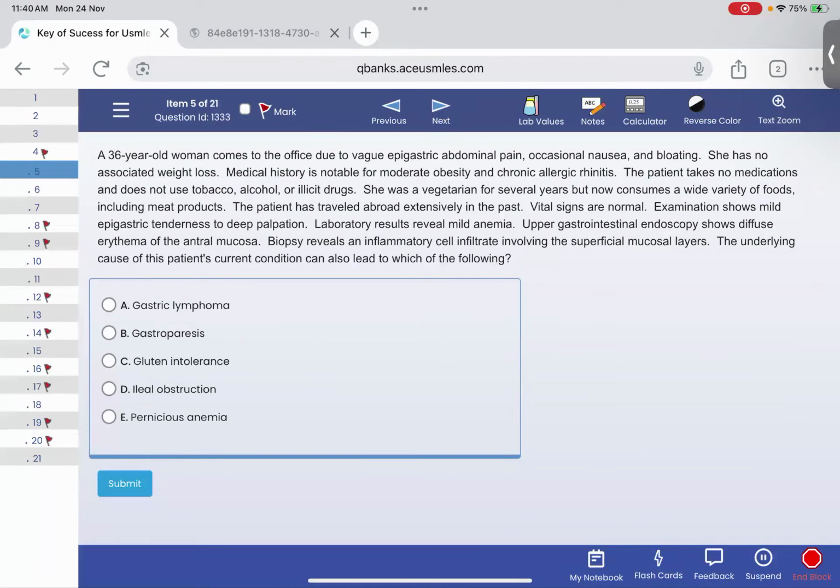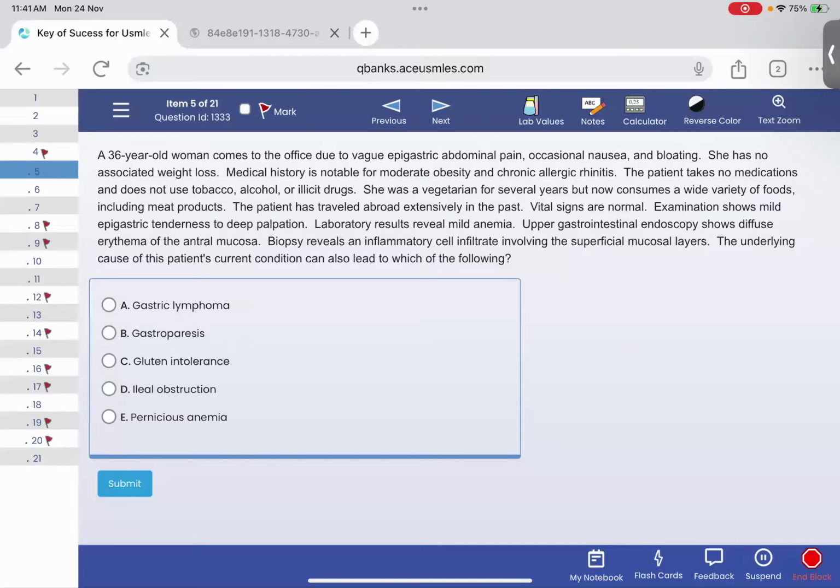The underlying cause of this patient's current condition can also lead to which of the following? A 36-year-old woman comes to the office due to vague epigastric abdominal pain, occasional nausea, and bloating. She has no associated weight loss. Medical history is notable for moderate obesity and chronic allergic rhinitis. The patient takes no medications and does not use tobacco, alcohol, or illicit drugs. She was a vegetarian for several years but now consumes a wide variety of foods, including meat products.